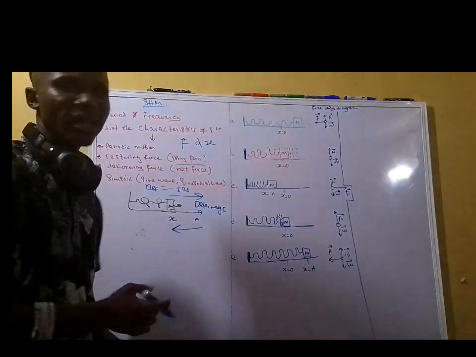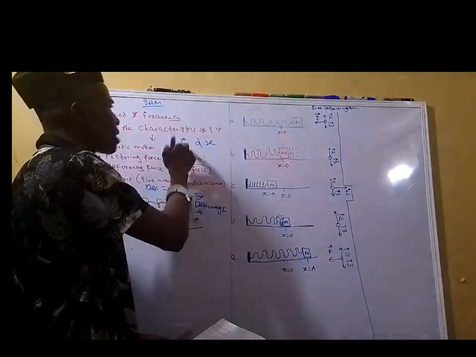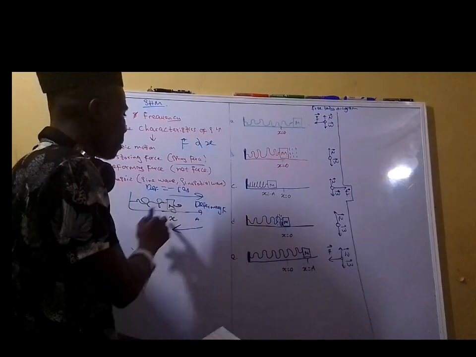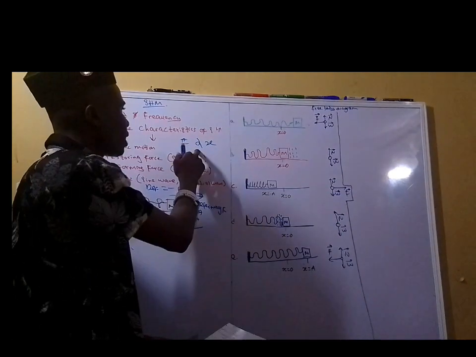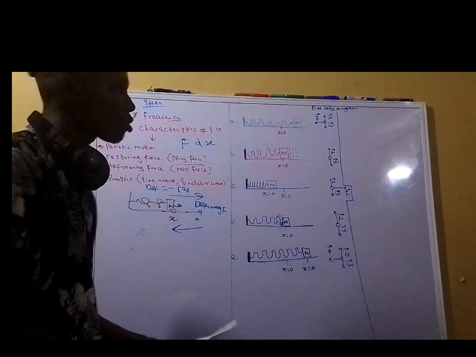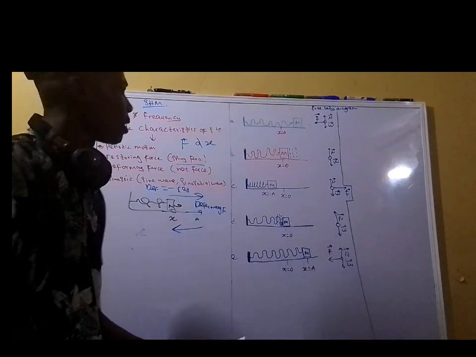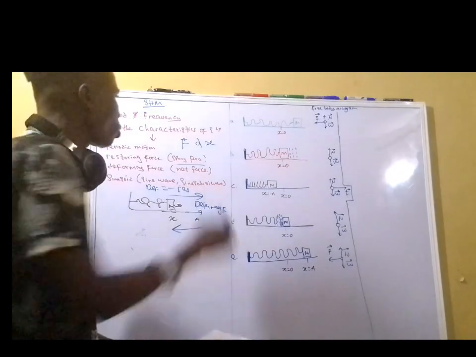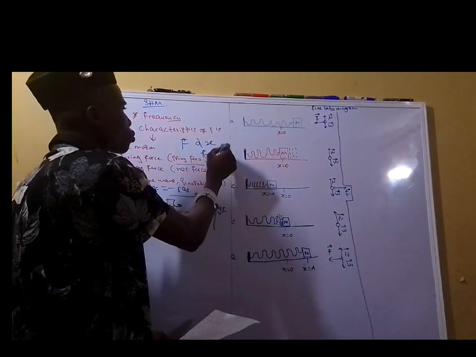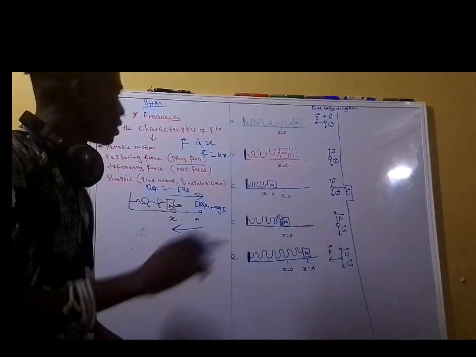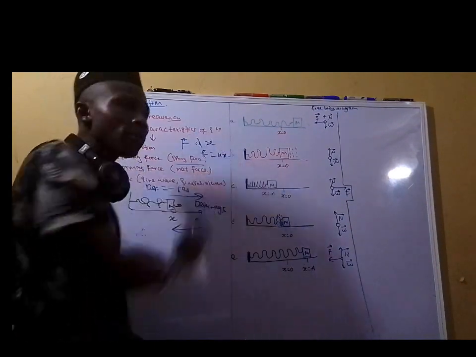And what I mean is that if F, that's the force being applied to deform the particular material, varies directly as the distance of the particular material, then you should know that under Hooke's law you have F equals Kx, right? Yes, this is for the deforming force.